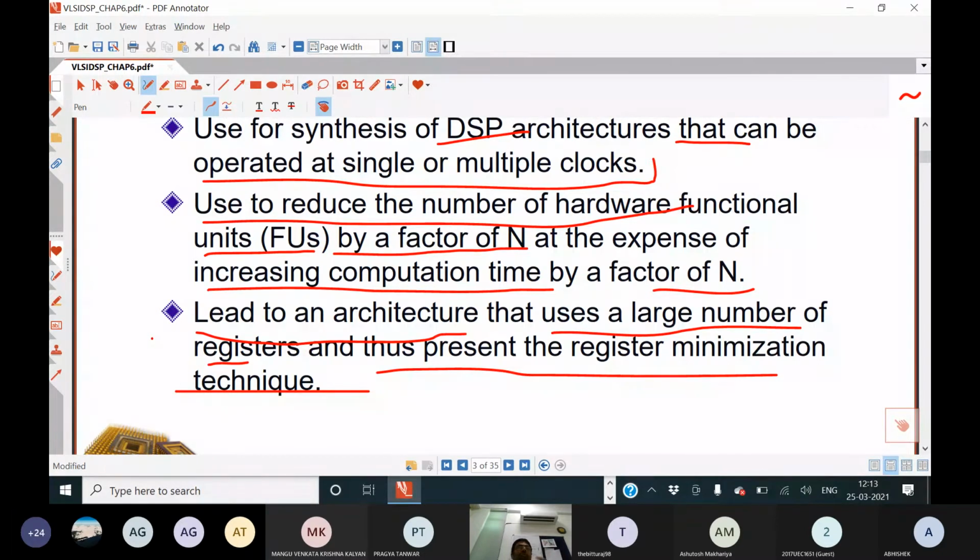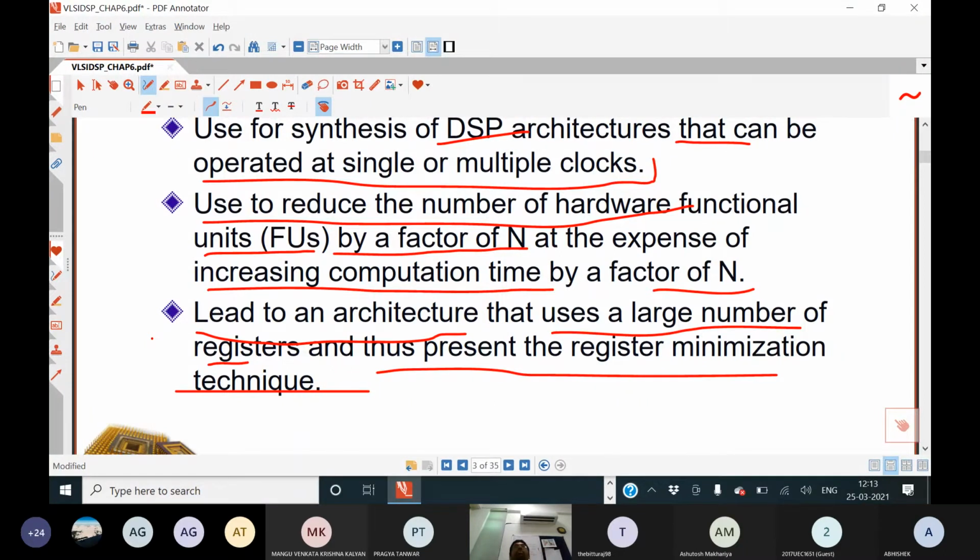Because now you are using a time multiplexed form, where a single resource or single functional unit needs to be executed multiple times. That is somewhat sequential in nature, so you need to actually store the values. That storage is nothing but registers. So those registers also you need to minimize.